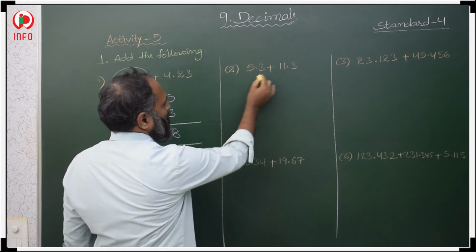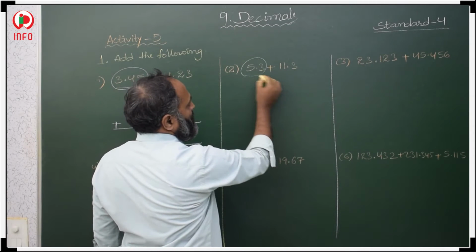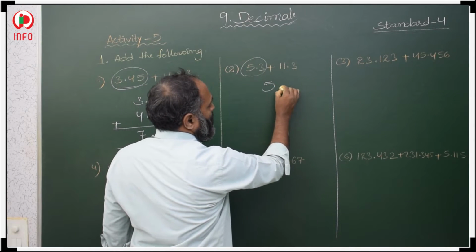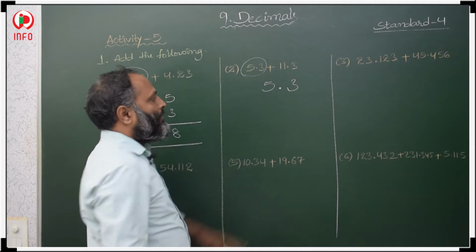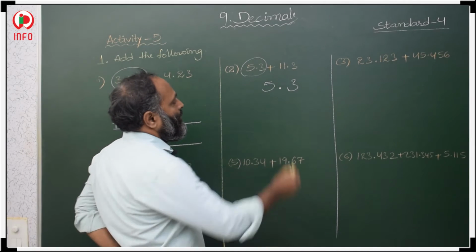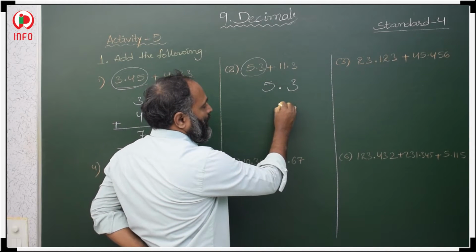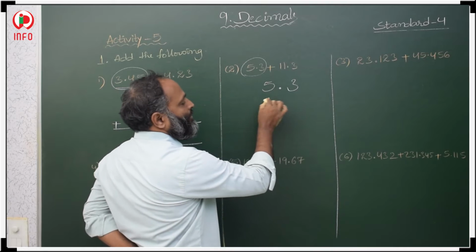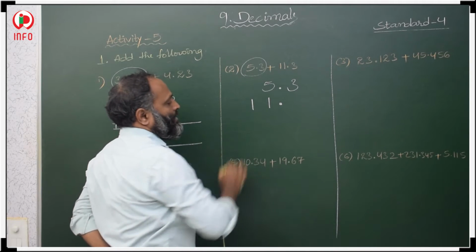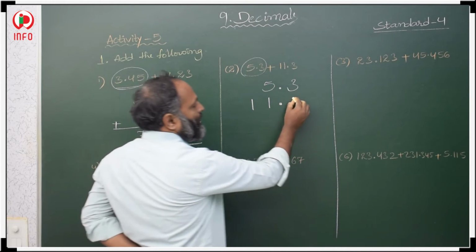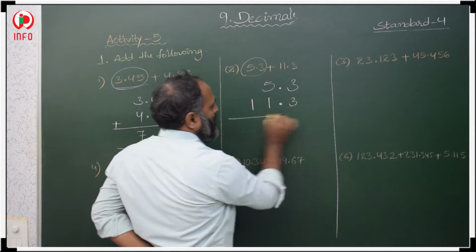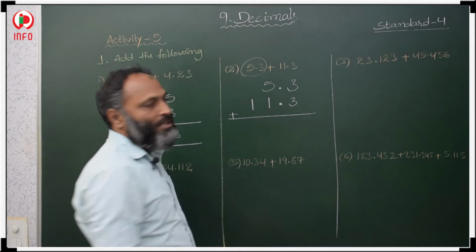Now the second one. First we have to arrange the decimals. 5.3 first one, then after that 11.3. First we take a decimal. 11 means 1 in the ones place and 1 in the tens place. Then 0.3. These two are like decimals.